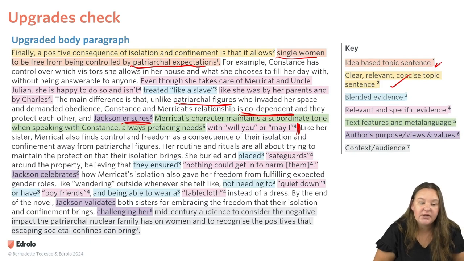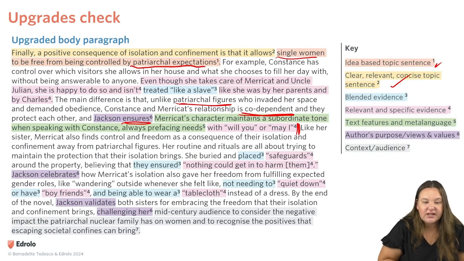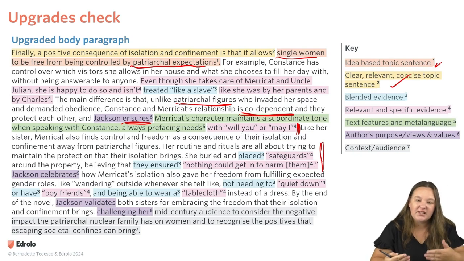Like her sister, Mary Kat also finds control and freedom as a consequence of their isolation and confinement away from patriarchal figures. Her routine and rituals are all about trying to maintain the protection that their isolation brings. She buried and placed safeguards around the property, believing that they ensured nothing could get in to harm them. So remember how I noted there was a lack of balance between the two pieces of evidence?